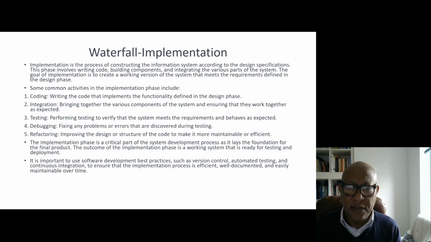Then you test it, performing testing to verify the system meets requirements. You might need to do debugging, fixing, and testing. Improving as well, refactoring to improve the design, structure, and code to make it more maintainable or efficient. These are the implementation stages.